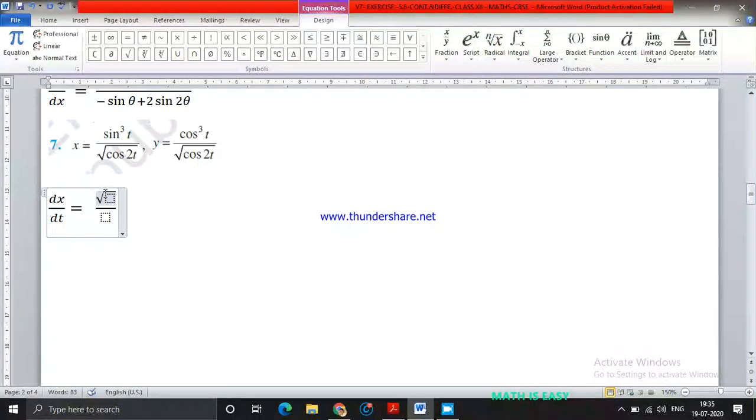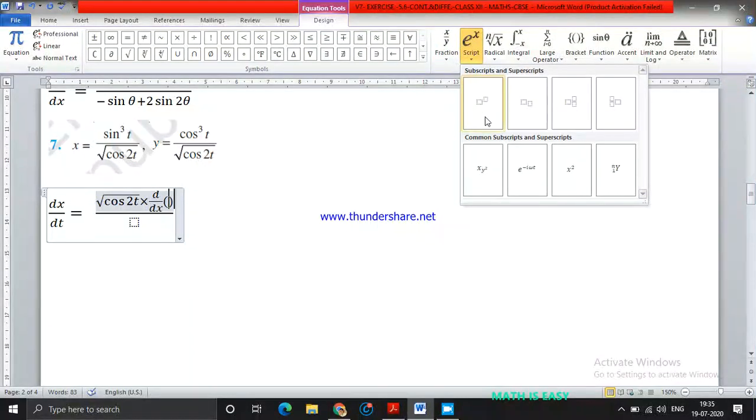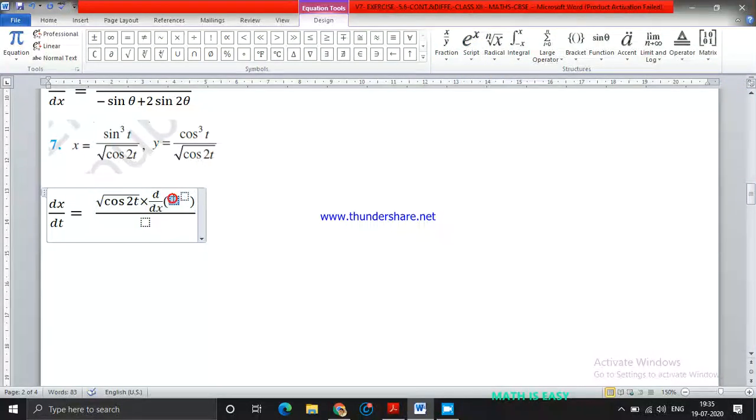Here v means I'll get cos 2t, v into derivative of u, so let me write the derivative of what you have here, sin cube t.